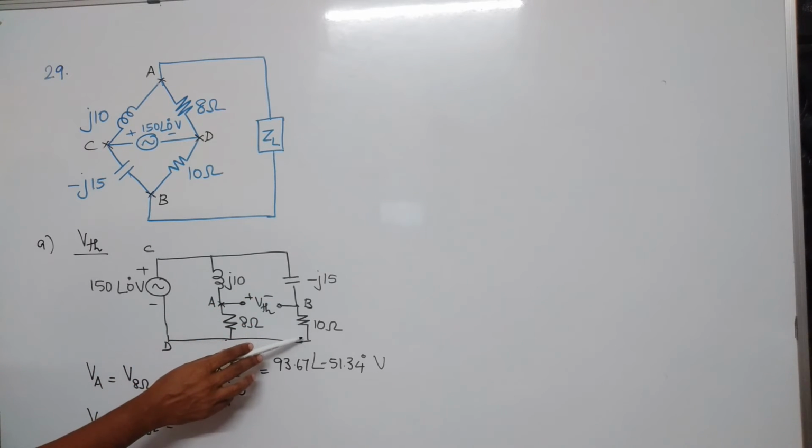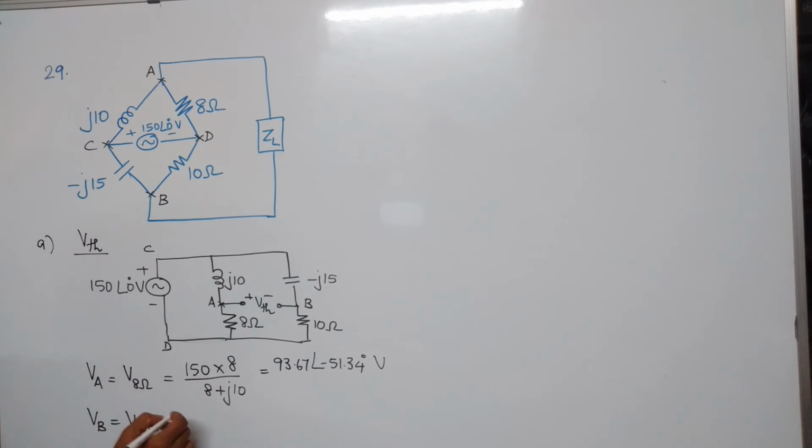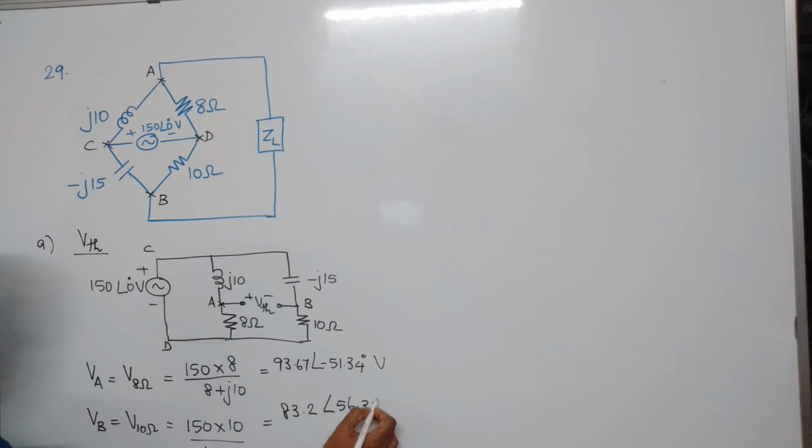Minus J15 and 10 are in series, across which 150 volt is applied. So it will be 150 into 10 by 10 minus J15, which on simplification we get as 83.2 angle 56.31 degree volt. So we got VA and VB.